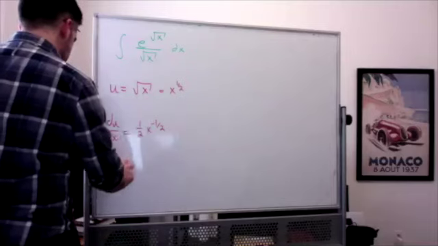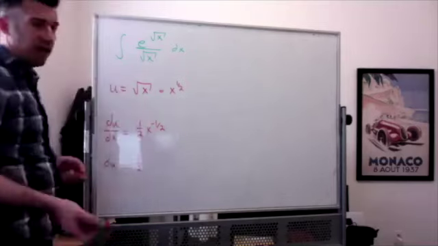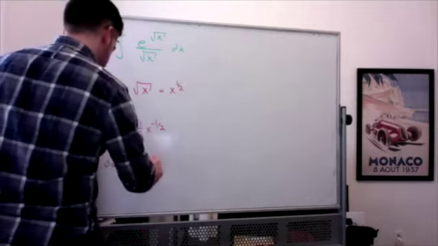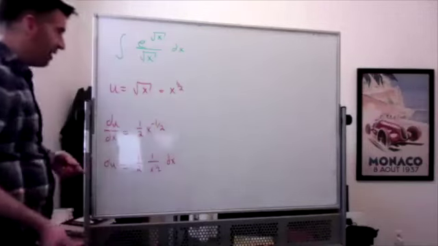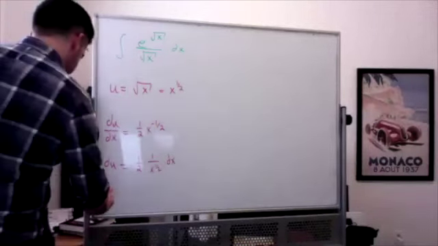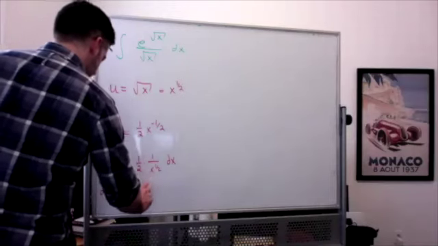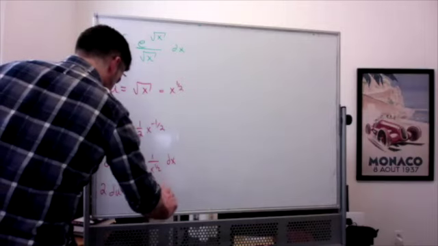I'm going to write it as du equal to 1/2 times x to the negative 1/2, which is 1 over x to the positive 1/2, dx. Finally, I'm going to bring the 2 over here. So 2 du equals 1 over the square root of x dx.